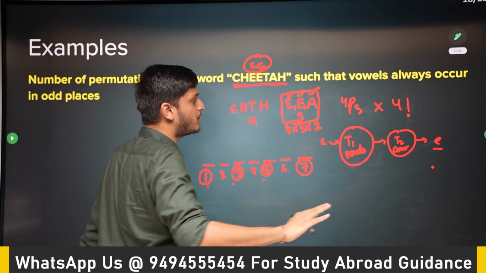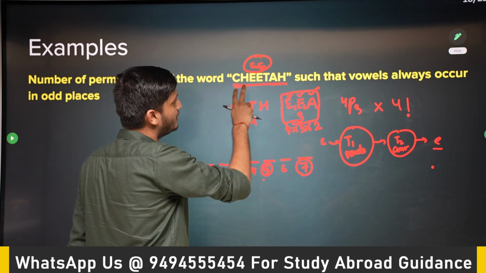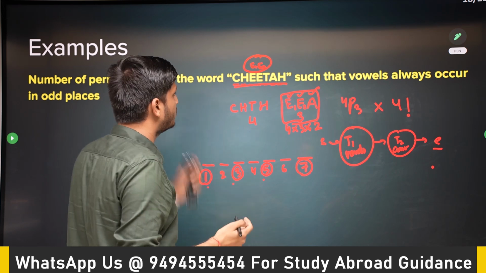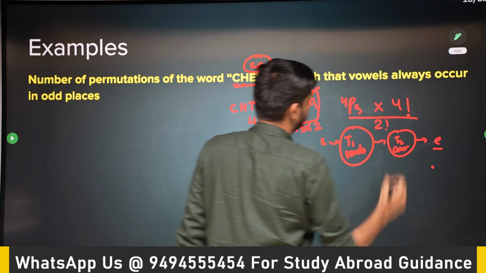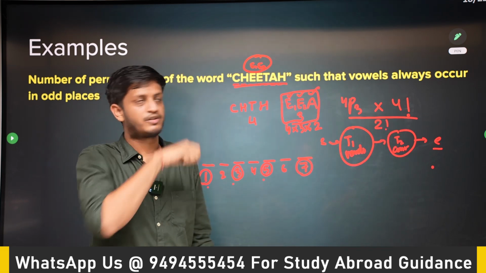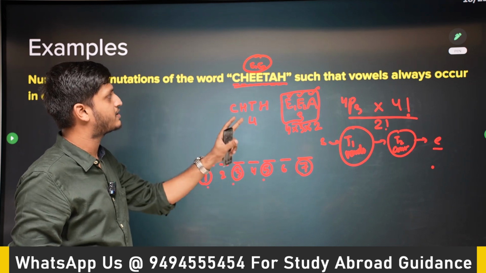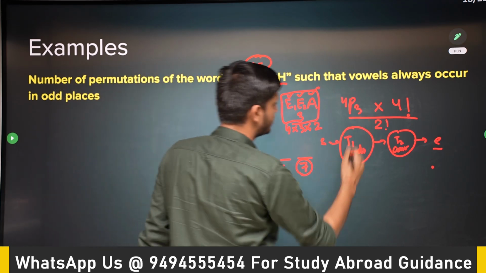So in every such permutation in which E1 and E2 are different, we are counting it twice, because E1 and E2 can be arranged among themselves in 2 factorial ways. So we have to divide this number by 2 factorial. So this is our answer.